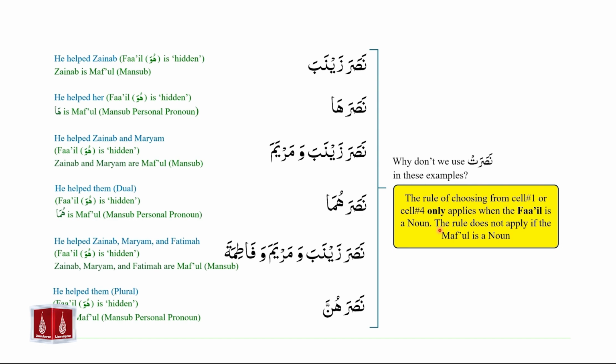That rule is not applicable to when the maf'ul is a noun. So if maf'ul is a noun such as Maryama or Zainaba or Fatimata, the rule of picking cell number 1 or cell number 4 does not apply. That rule only applies when the fa'il is a noun.